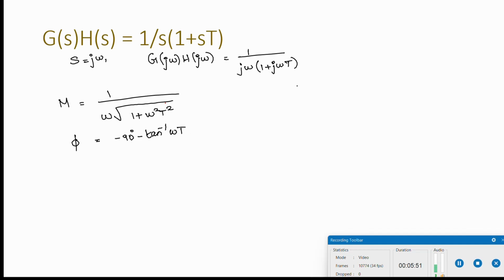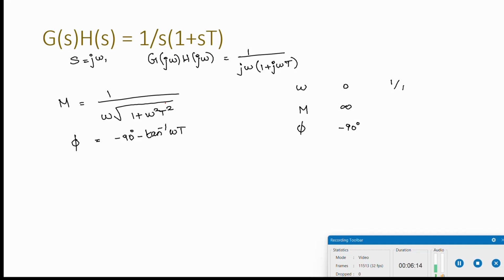So let us substitute omega from 0 to infinity and get the values of M and phi. For omega equal to 0, my magnitude will be infinity, since 1 by 0 is infinity, whereas my angle will be minus 90 degrees.